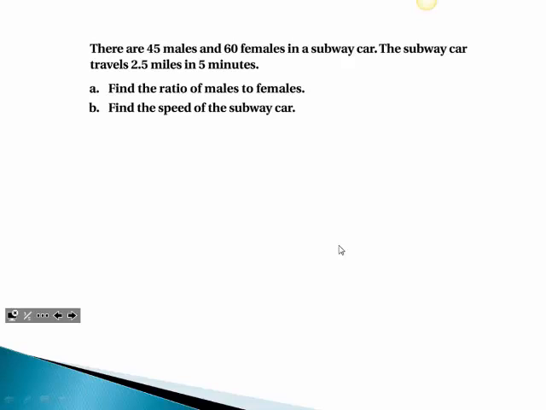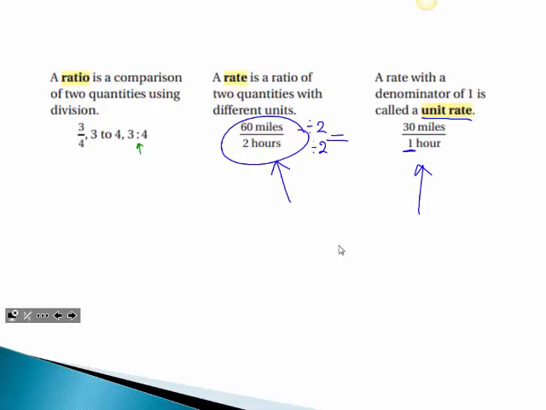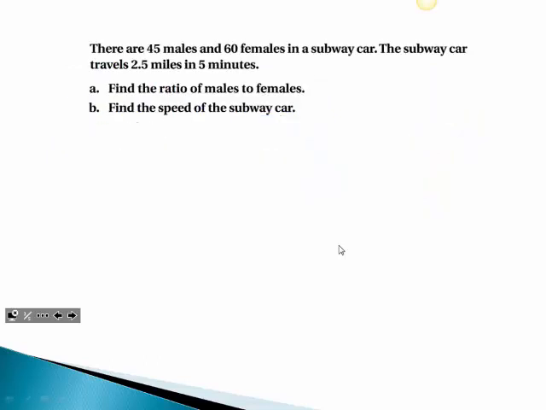Now notice, if we go back to our definitions, a ratio is comparing 2 quantities in one of these 3 forms, but they have the same units. So if we're comparing males to females, some of you might be like, oh, that's different units. Well, no, because they're both people. So we're just comparing people to people. They just happen to be male and female.